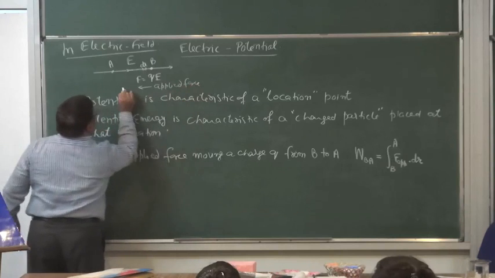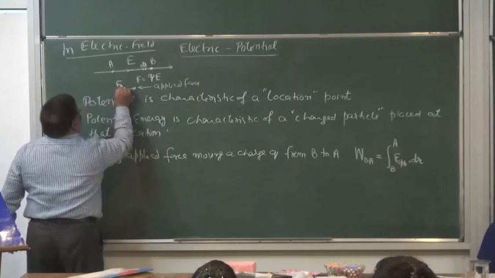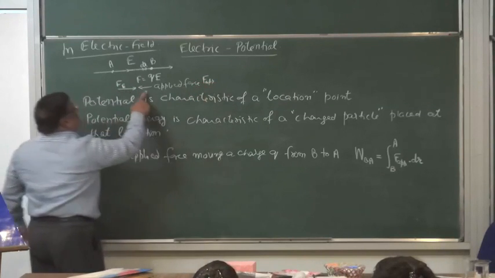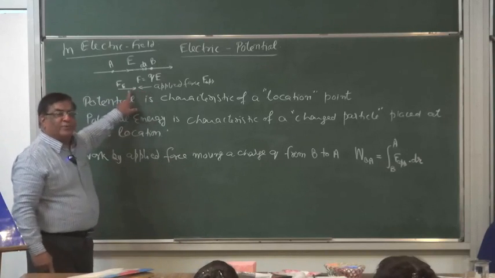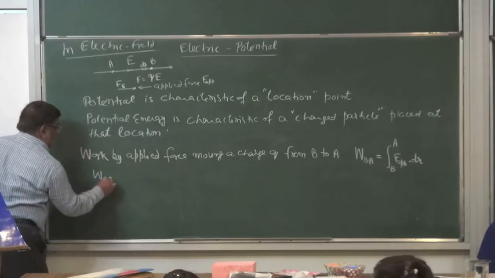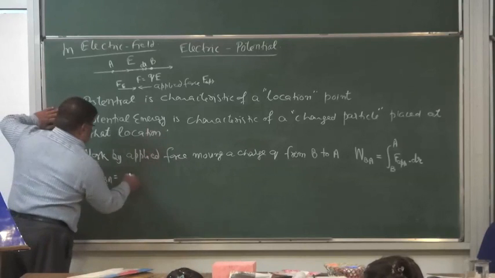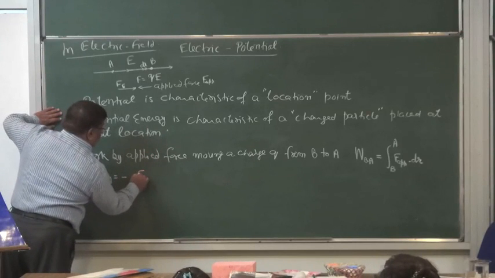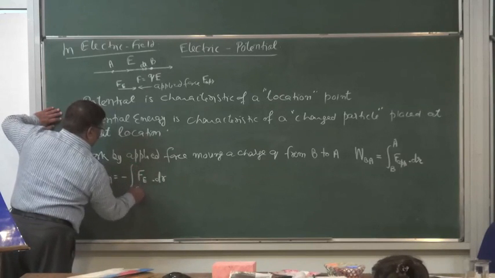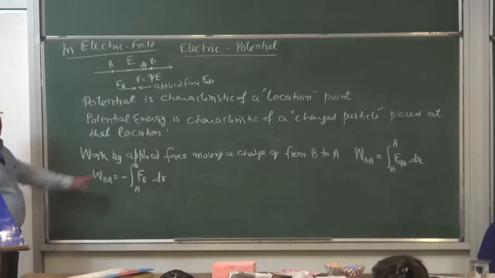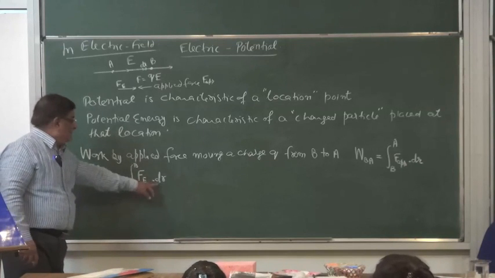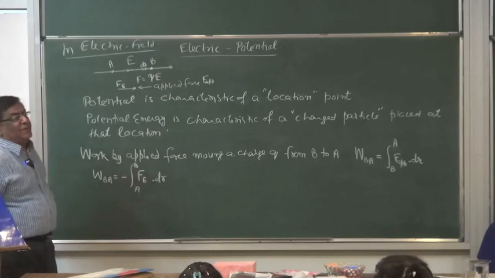But what is the direction? The force applied and the force by the electric field are equal to each other but opposite in direction. So now I can write that work done from B to A is equal to minus F electric field dr. Is this point clear?